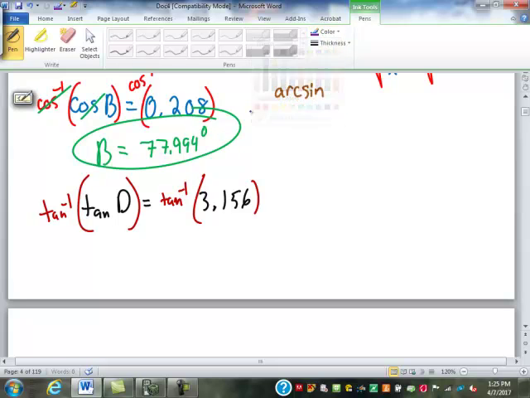Again, tangent and inverse tangent cancel out. D equals tangent -1 of 3.156. It should work still. 72.418 sounds correct to me.